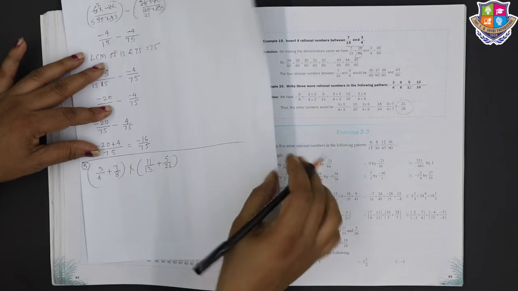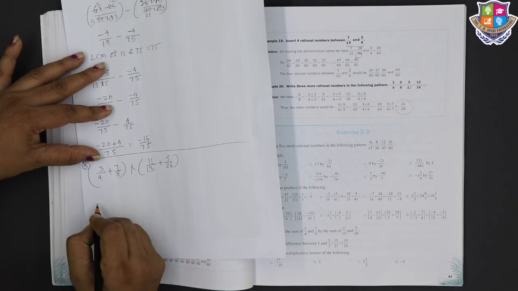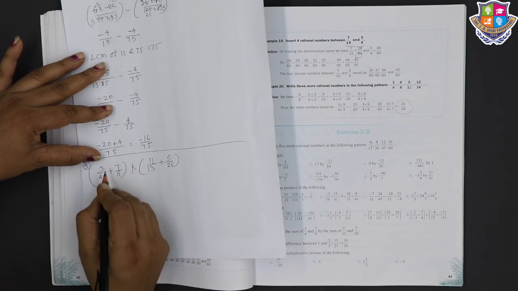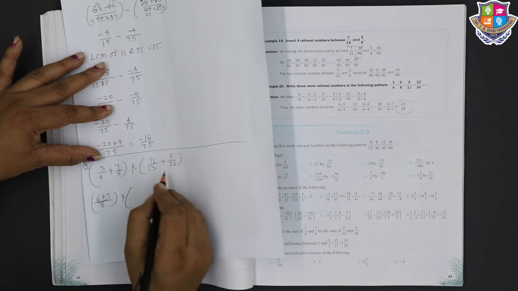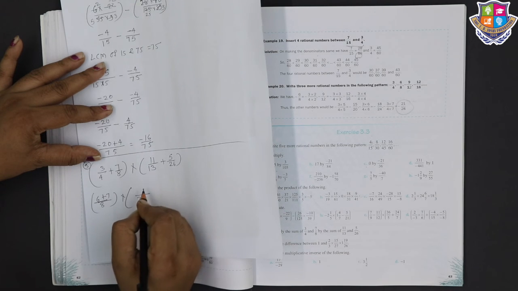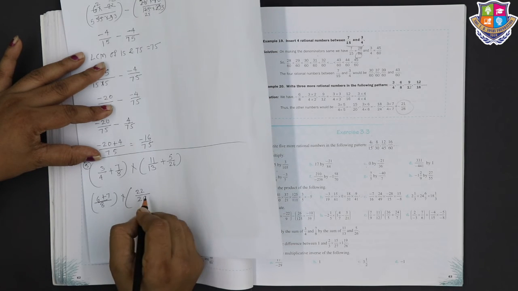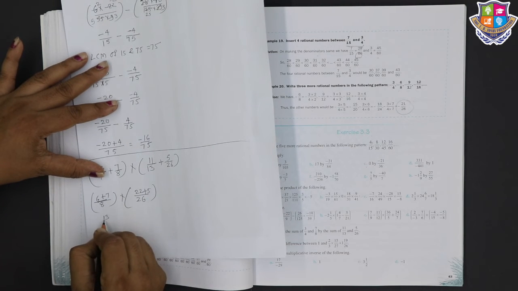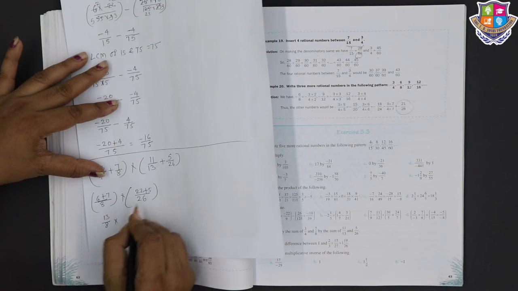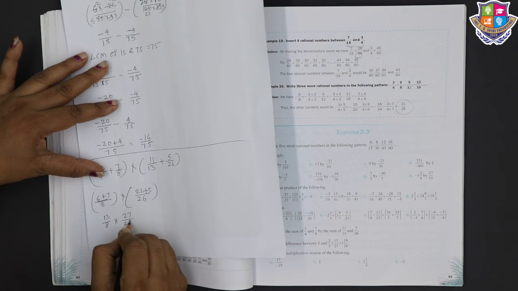Now first solve: what is the LCM? It is 8, 2 3s are 6, plus 7, 2 13s are 26, 22 plus 5. So it is 6 plus 7, 13 upon 8 multiplied by 27 upon 26.